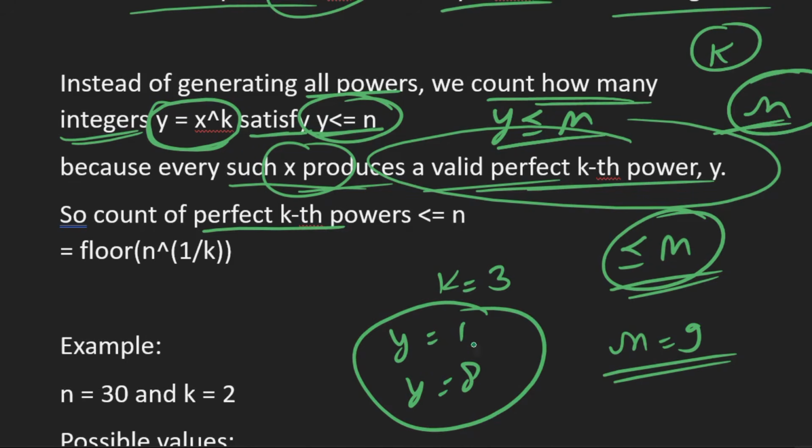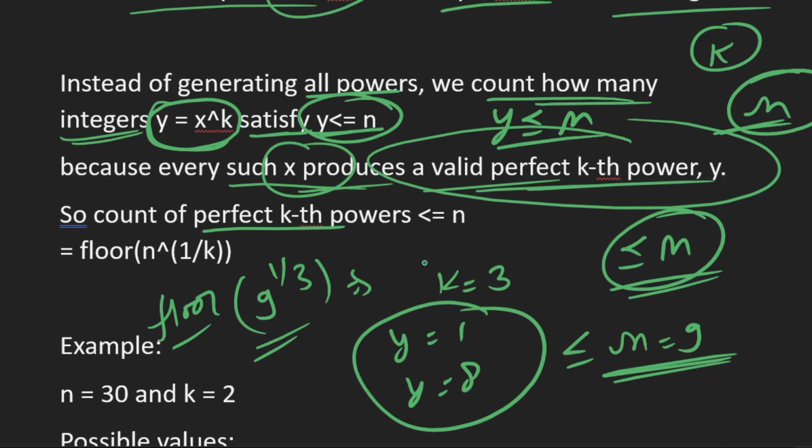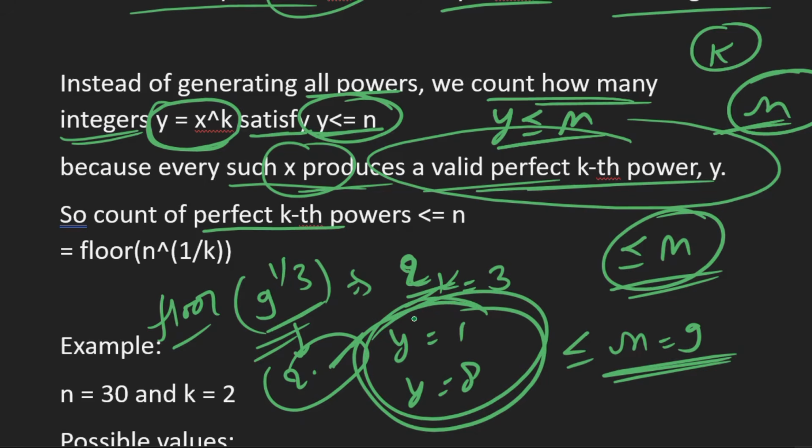That is only two powers, 1 and 8, are less than or equal to 9. So how do we find that? If we do 9 to the power 1 by 3 and then take the floor of that, it will give us 2, because 9 to the power 1 by 3 is 2 point something. So if we take the floor value, that will be 2 and 2 is our answer.